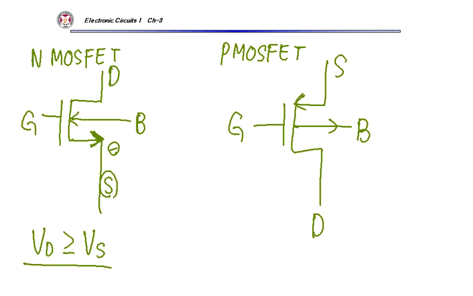In the PMOS, free holes flow for current conduction, so the source voltage is more positive than the drain voltage to push the free holes to the drain. Okay.